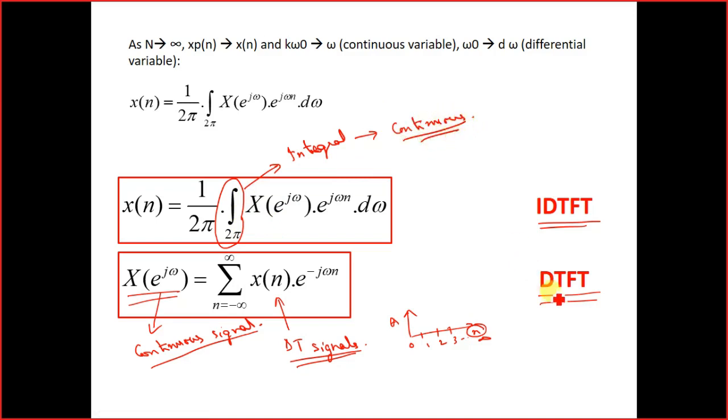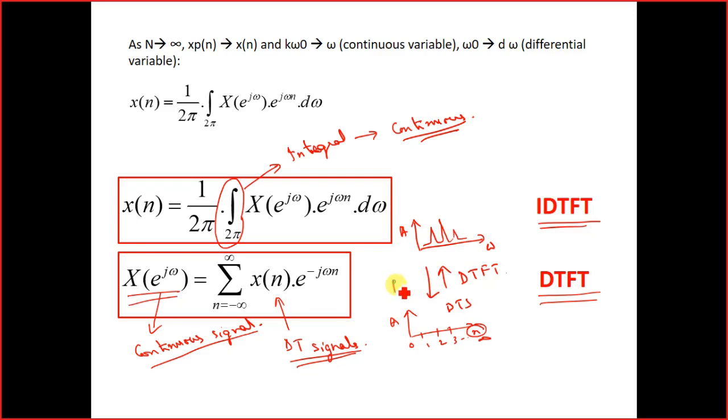Over here, initially we had a discrete time signal. After we do the DTFT, we get this frequency domain signal, omega versus amplitude, and we get a continuous profile.